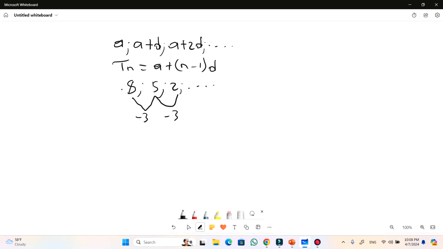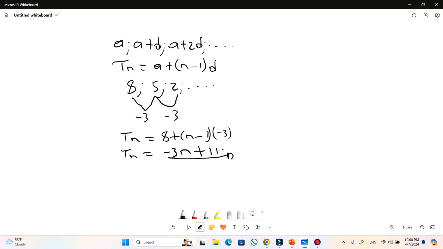So now we have our equation: 8 plus (n minus 1) times negative 3. So our Tn is negative 3n plus 11.